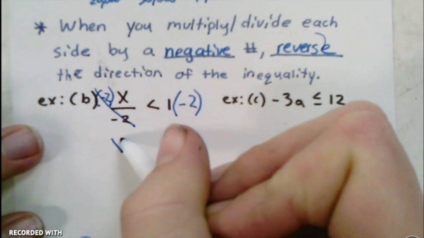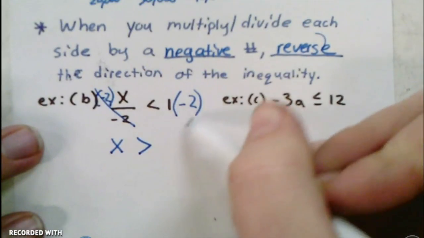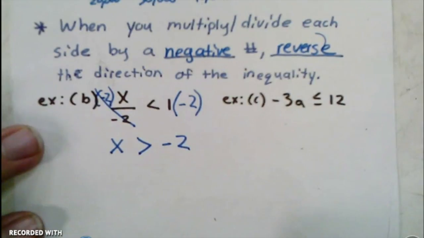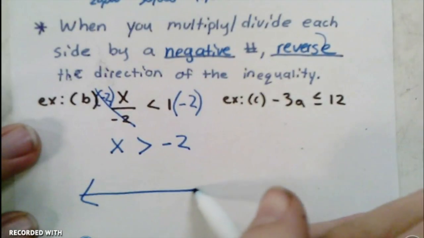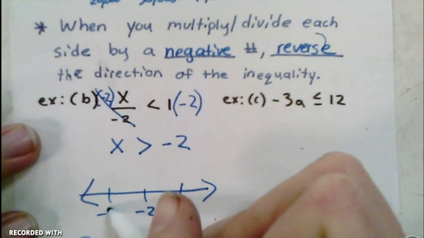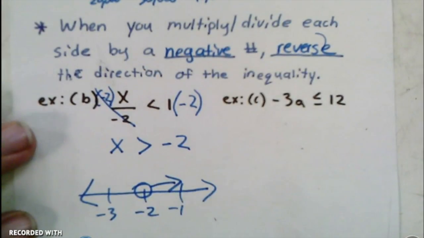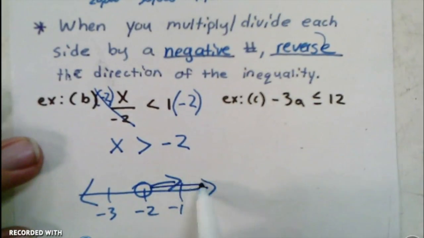So watch what happens. X, it's no longer less than, now it's greater than -2. Graph it. -3, -2, -1, circle, not going to fill it in, and it goes in that direction. Okay? Or you can go like this, whatever you prefer.